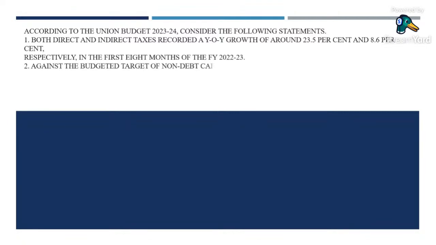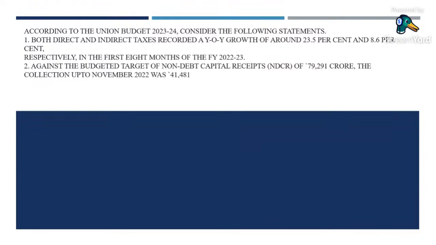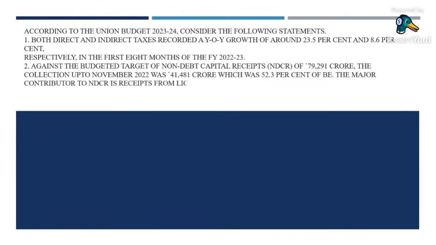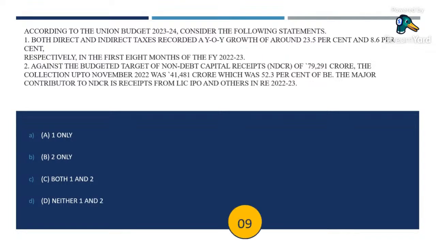Against the budgeted target of non-debt capital receipts (NDCR) of 79,291 crore, the collection up to November 2022 was 41,481 crore, which was 52.3% of the target. The major contributor to NDCR is receipts from IPO and others in the year 22-23. A. 1 only, B. 2 only. The correct answer here is C, both 1 and 2.